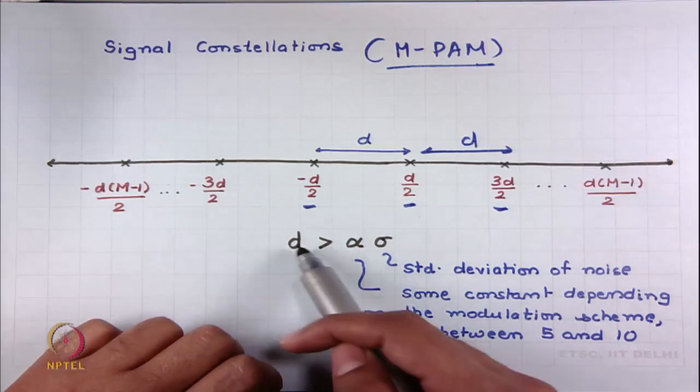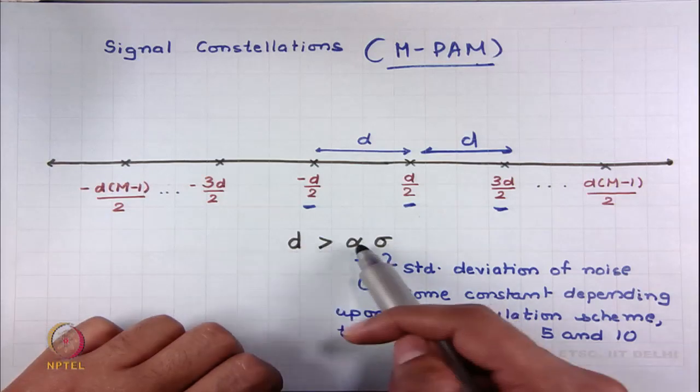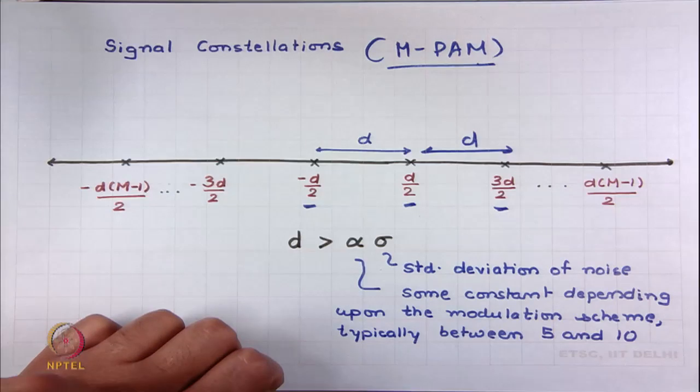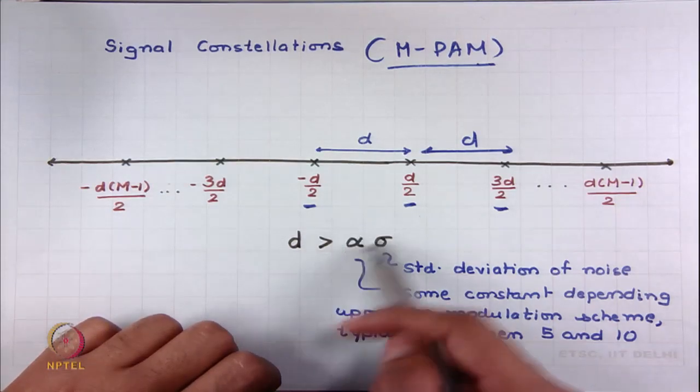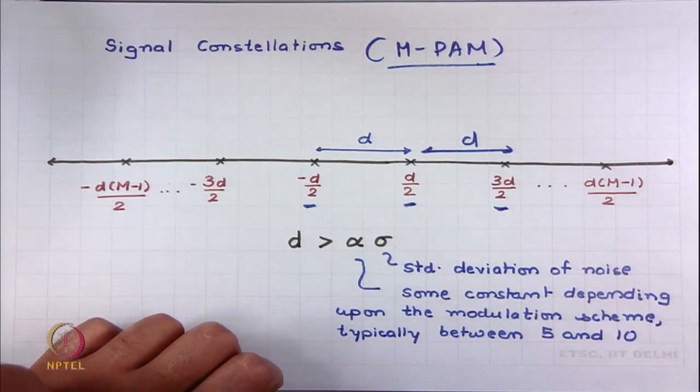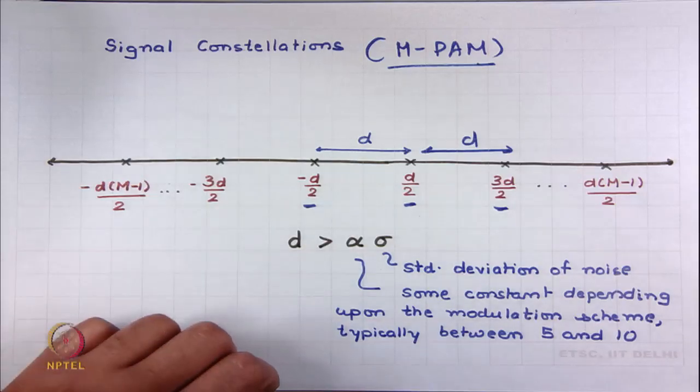How do we choose d? So, we can choose d as some constant alpha times sigma, where sigma is the standard deviation of noise, right, and this constant depends upon the modulation scheme. Typically, you can choose the value of alpha as something between 5 and 10.